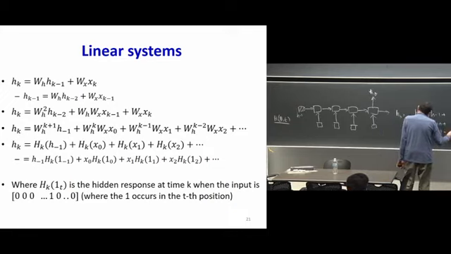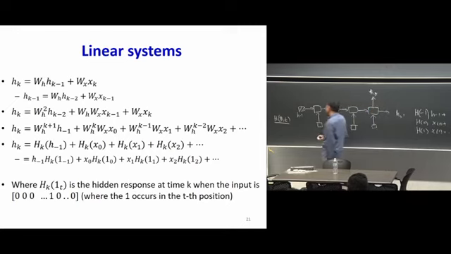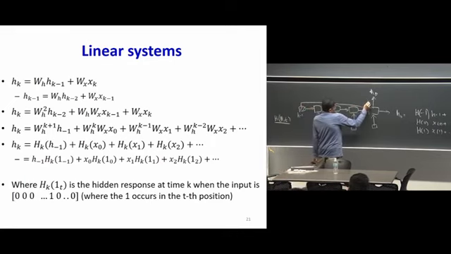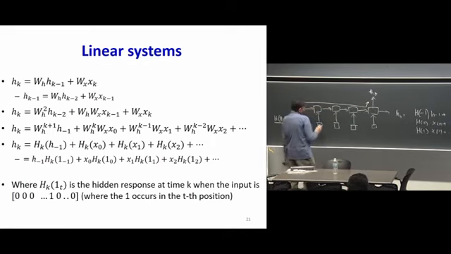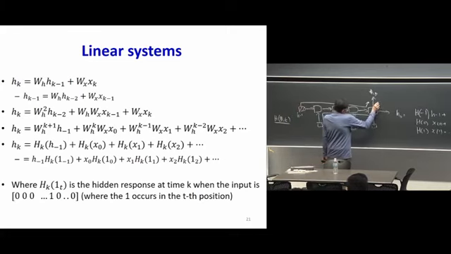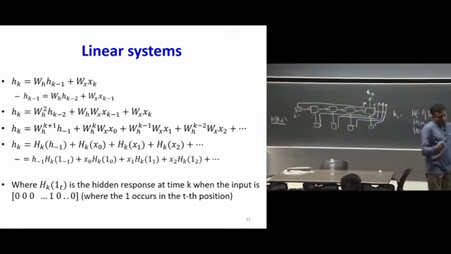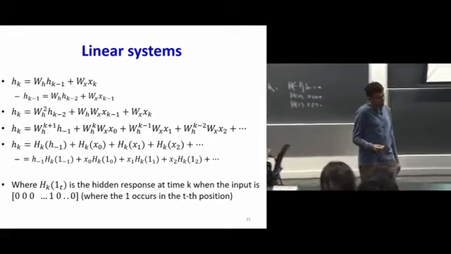I'm being a bit sloppy about the notation, but the idea that we're trying to convey is that the output is the sum of the response to this term plus the response to this term plus the response to this term, and so on. It's just a direct summation, and that's because the activation was linear.